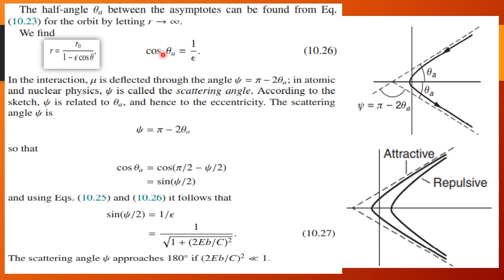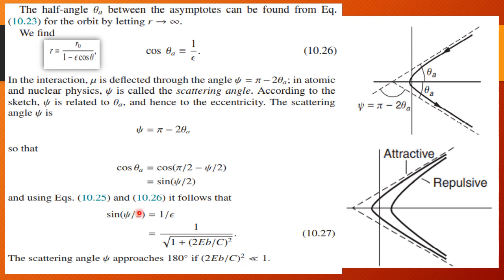So we find what cos theta a is. From this equation, theta a is nothing but pi by 2 minus psi by 2. So cos theta a is equal to cos of (pi by 2 minus psi by 2), which is sine psi by 2.